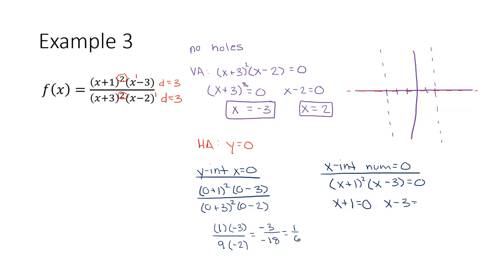And then x minus 3 equals 0. So we get x equals negative 1 or x equals positive 3. So those would be my two x-intercepts. So there would be one right here and then one at positive 3.